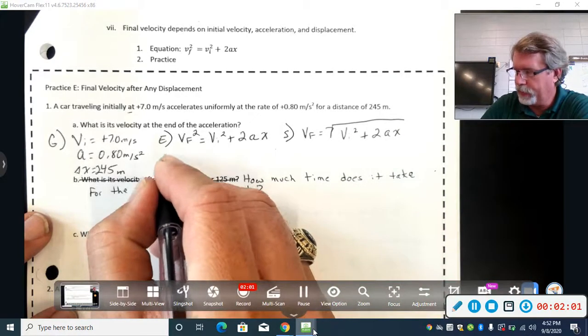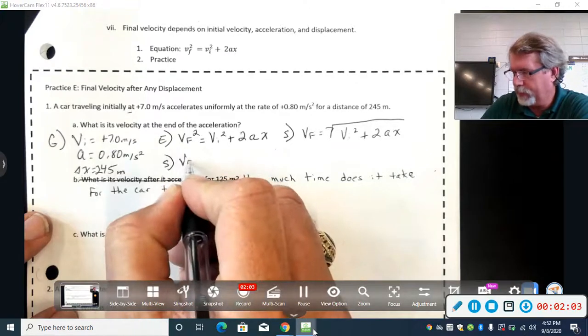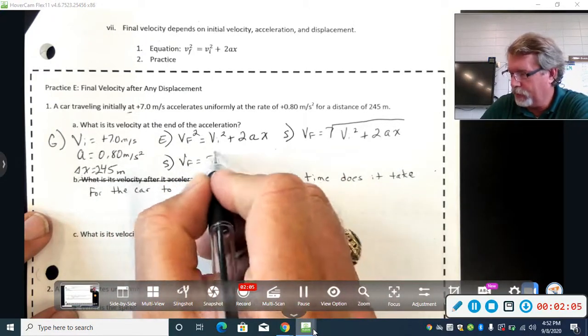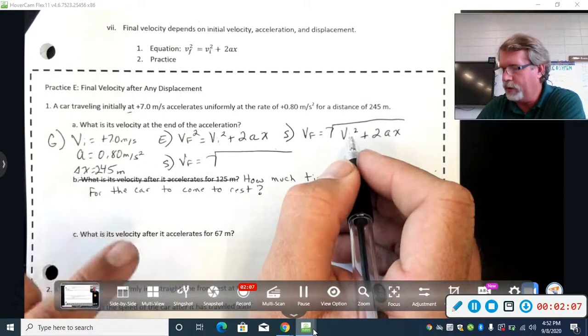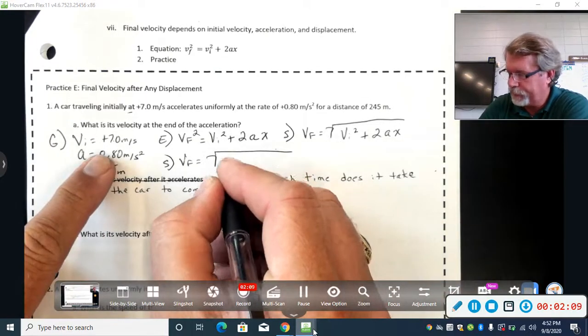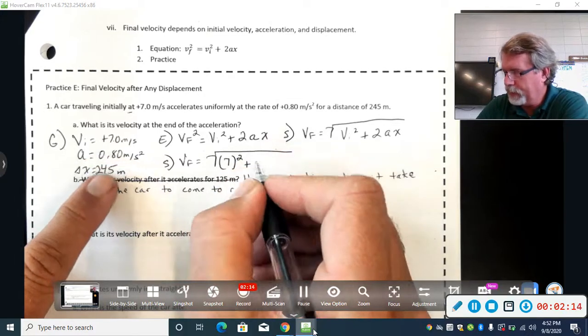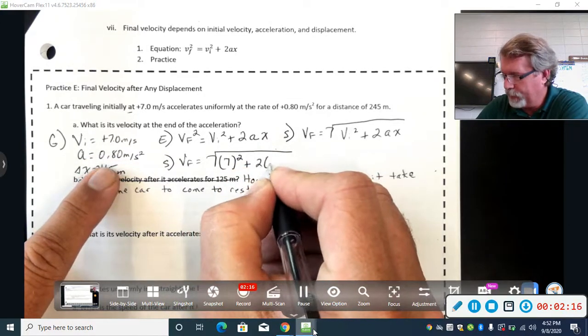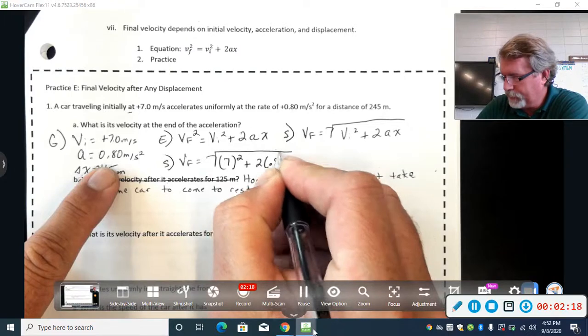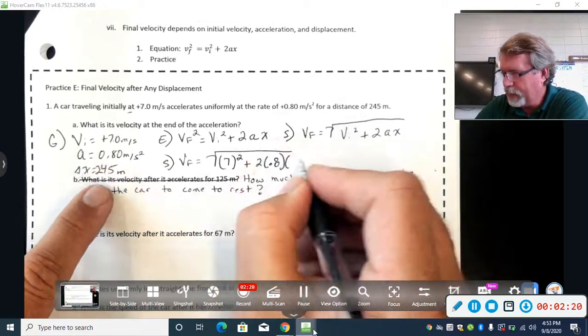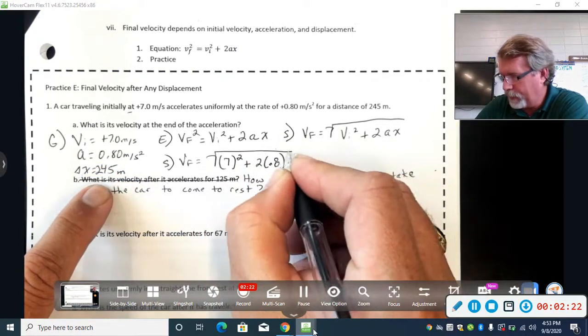So we're going to substitute in, and now the final velocity of this object is equal to the square root of VI, which is 7. Don't forget to square that, plus twice the acceleration, so 2 times 0.8 times the displacement, 245.